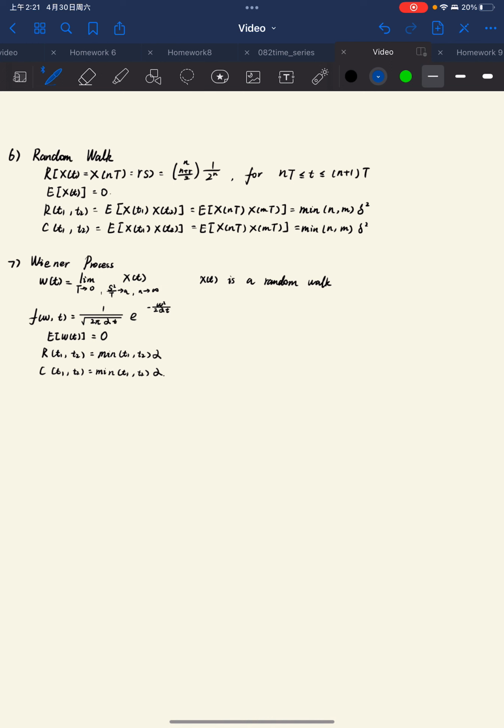For the sixth one, the random walk. If we toss a fair coin n times, k is the number of heads and n is the number of tosses. So we can have the signal process X(nT) equal to ks minus (n minus k)s, which equals (2k minus n)s, where n is the number of tosses and k is the number of heads.